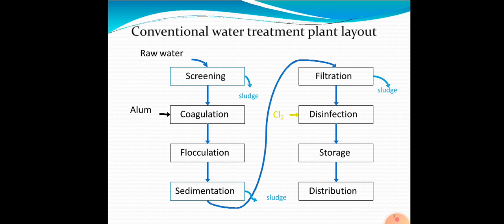Already in the sedimentation process we will be removing the finely suspended particles, but sometimes there may be some particles that are left out without being removed. Such particles will be removed in the filtration process. Also in the filtration process, the microorganisms present in the water are removed to a larger extent.